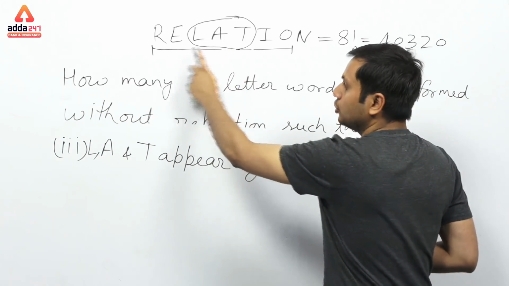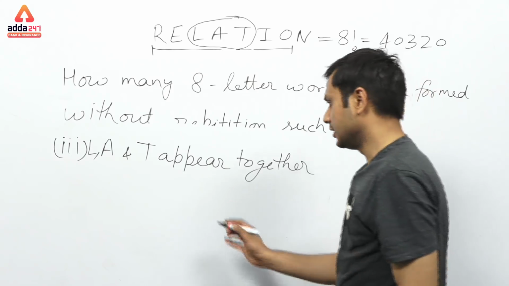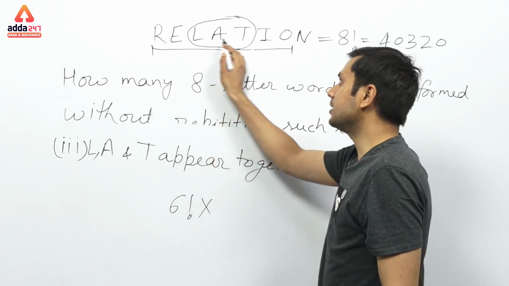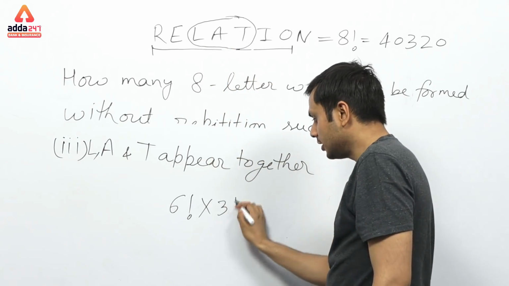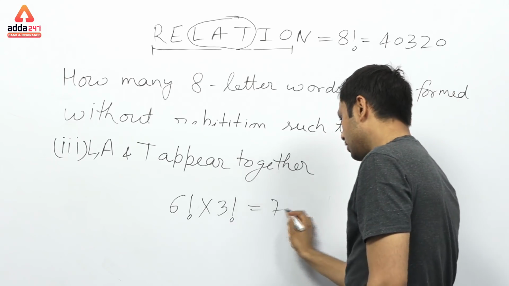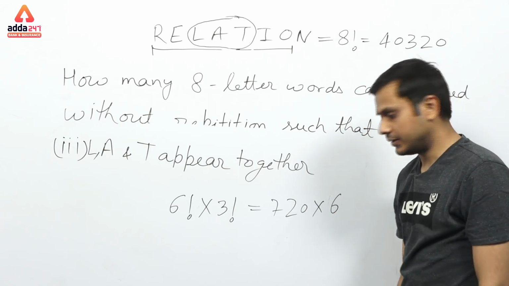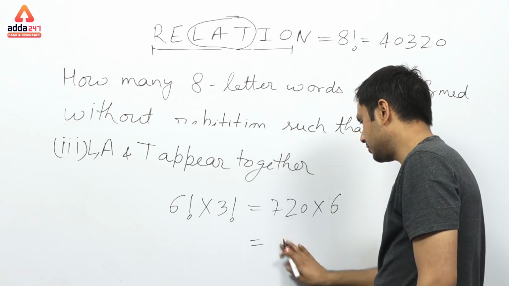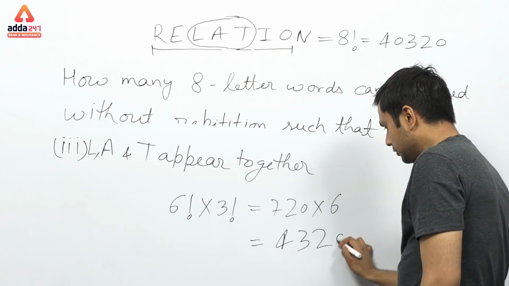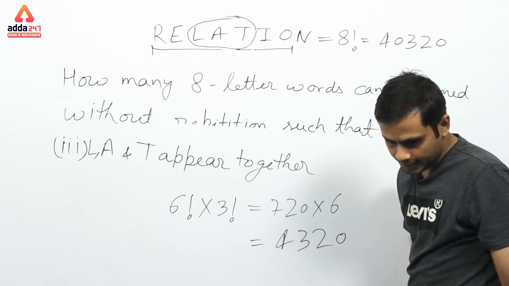One is this, 2, 3, 4, 5, 6, overall 6. Then it would have been 6 factorial. Now these 3 letters can be arranged in how many ways? 3 factorial ways, right? So 6 factorial is 720 into 6, or our answer would have been 4320, right? Hopefully this thing is clear.